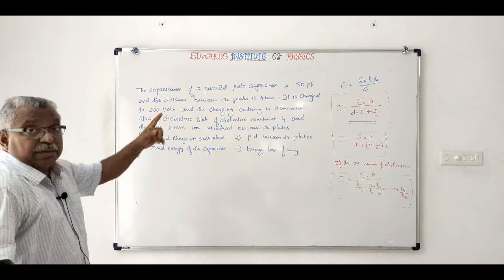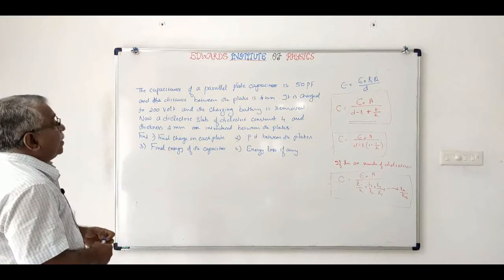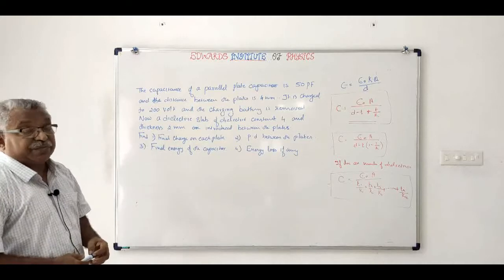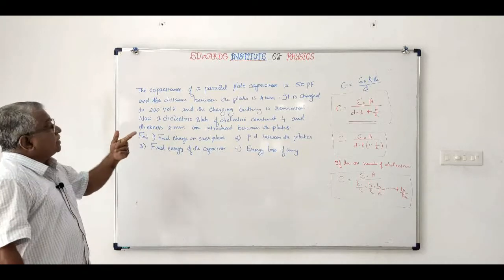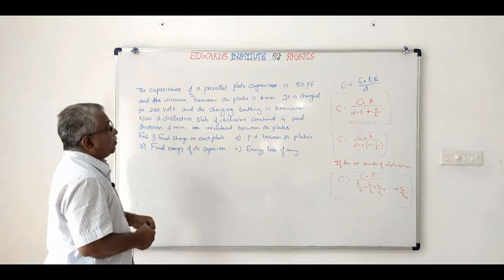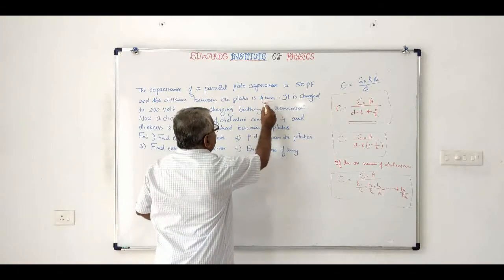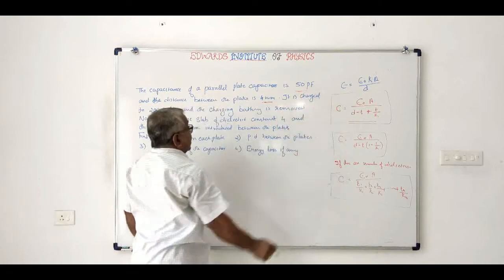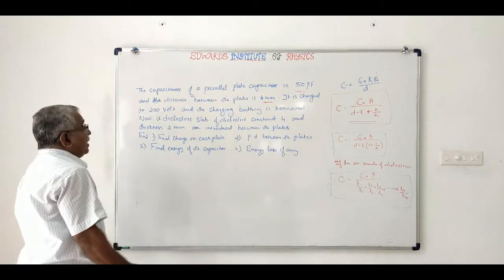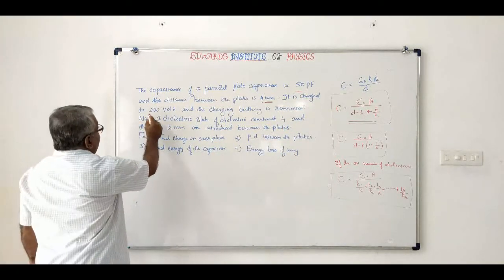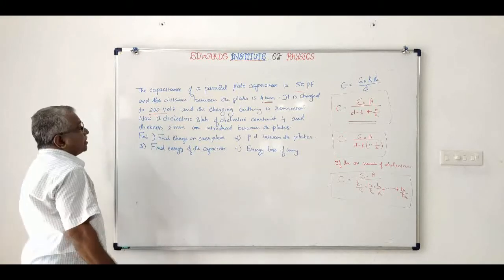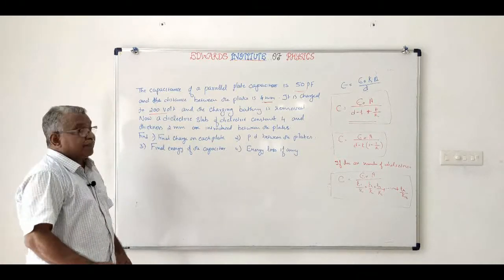Now let us move to a problem. The capacitance of a parallel plate capacitor is 50 picofarad, and the distance between the plates is 4 millimeter. D is equal to 4 millimeter. Capacitance is 50 picofarad. It is charged with 200 volt, and the charging battery is removed.